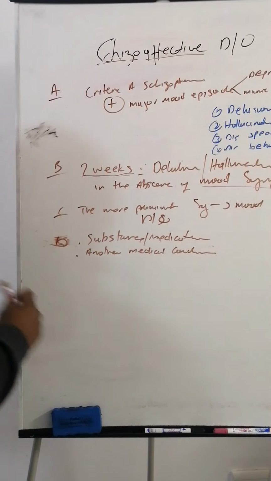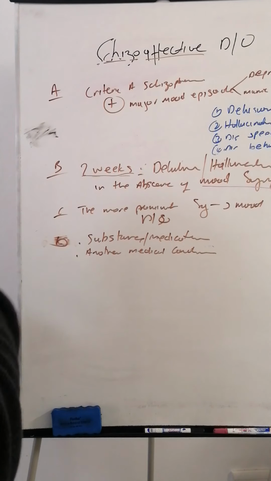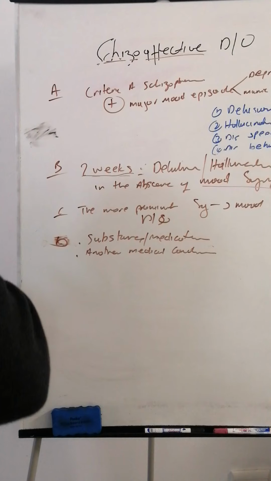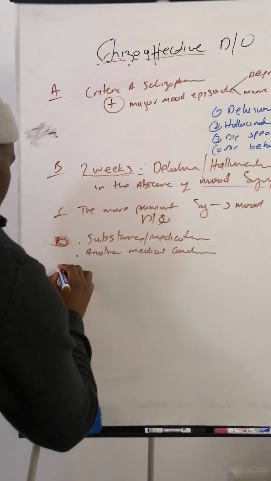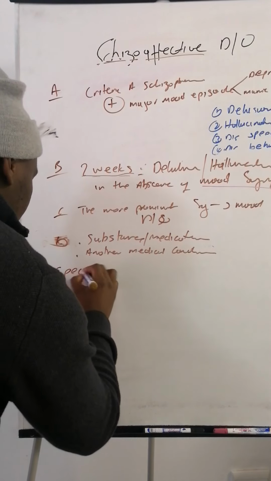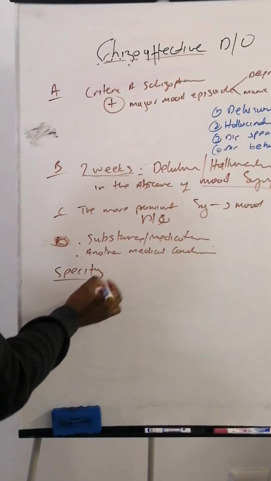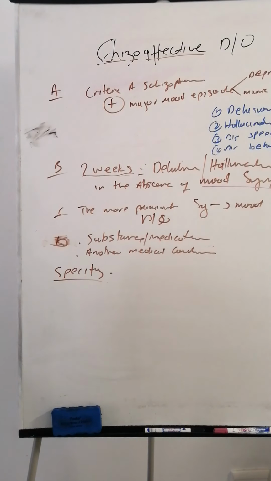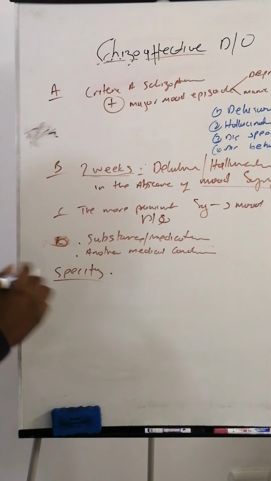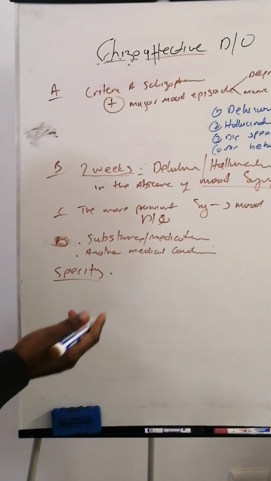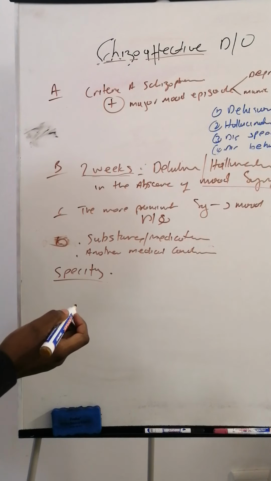Guys, there are the specifiers. There are those that we should know, and there are those that are at a registrar level. So this one we should know. When someone has schizoaffective, we should specify if it's a depressive type.